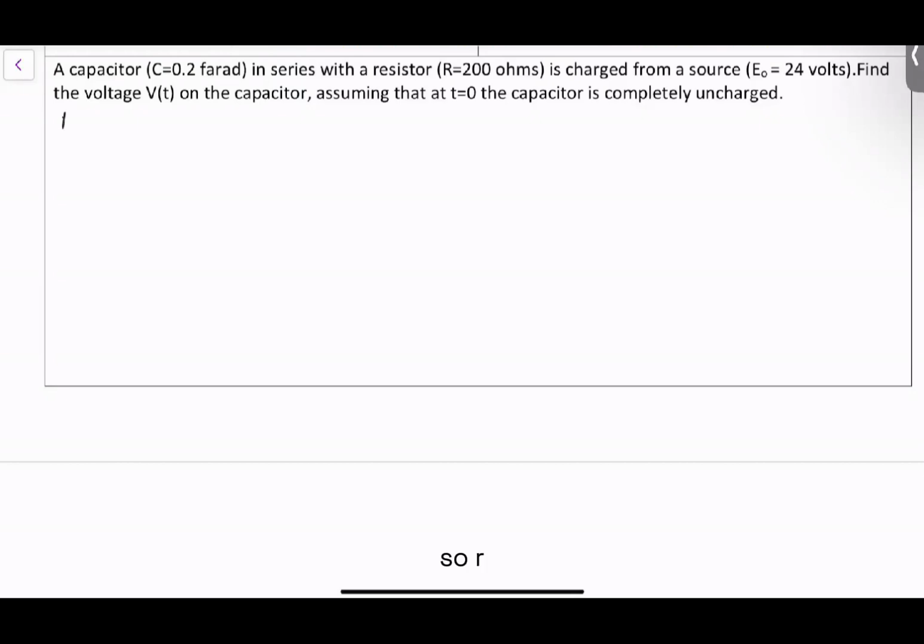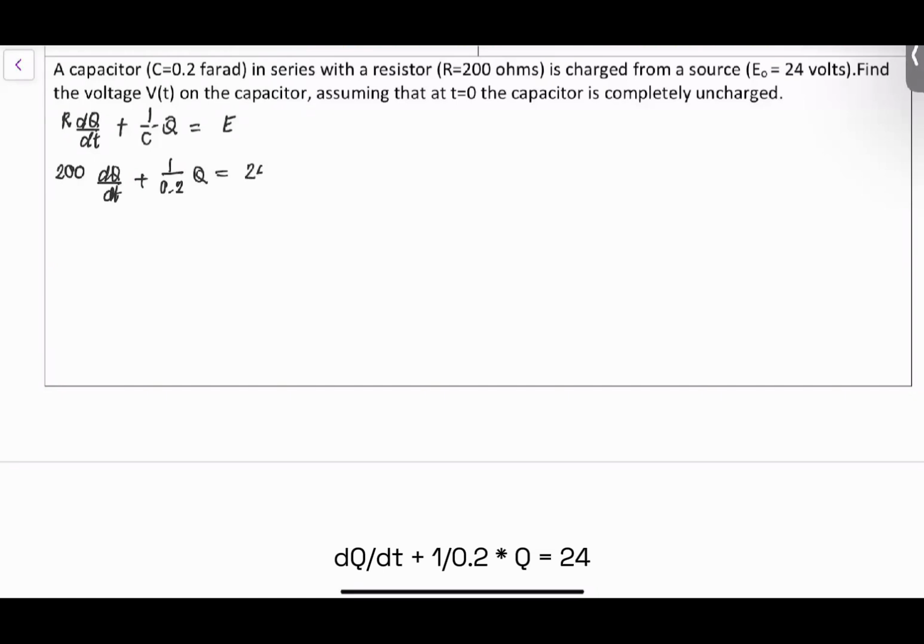So R dq over dt plus 1 over C q is equal to E. So we have R equal to 200, dq over dt plus 1 over 0.2 q is equal to E, 24.